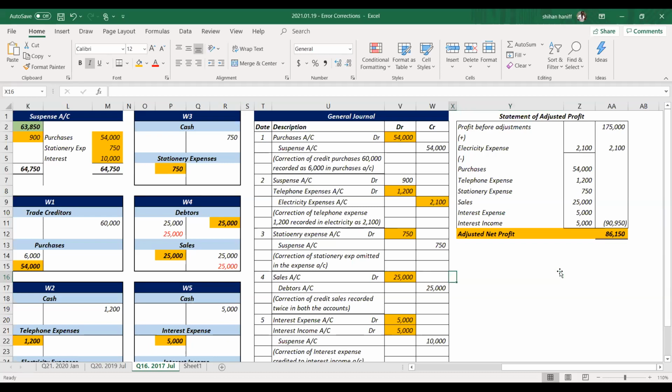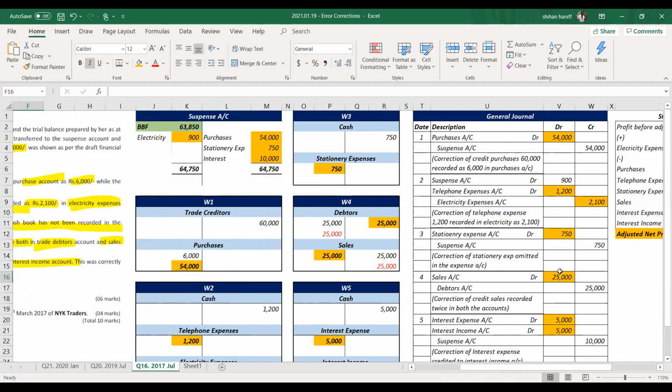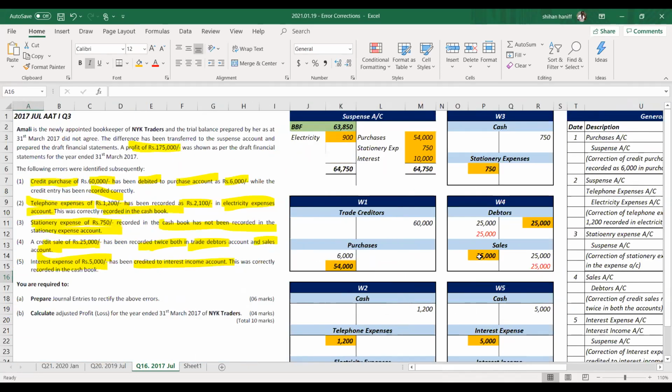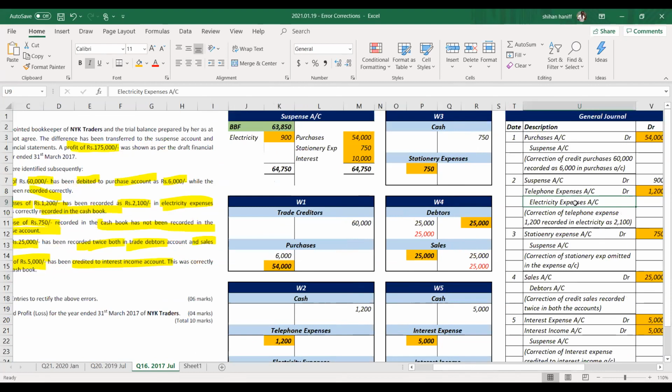Any doubts? Is it clear? Yeah. You can copy the answer.